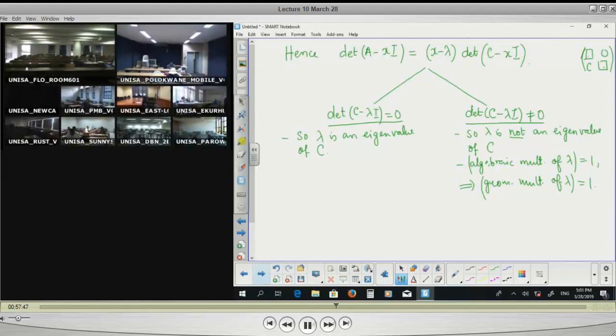Since the algebraic, whatever be the case, you started off with an eigenvalue of A, and you have shown that the algebraic and the geometric multiplicities of this eigenvalue are the same. Okay? So that proves this.